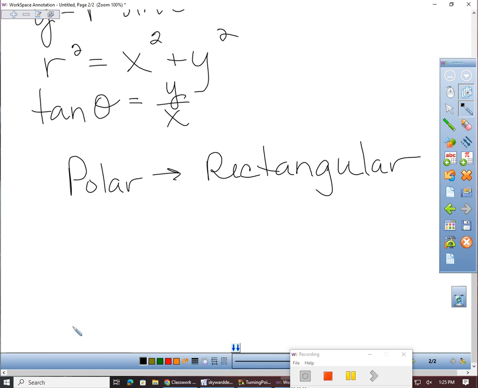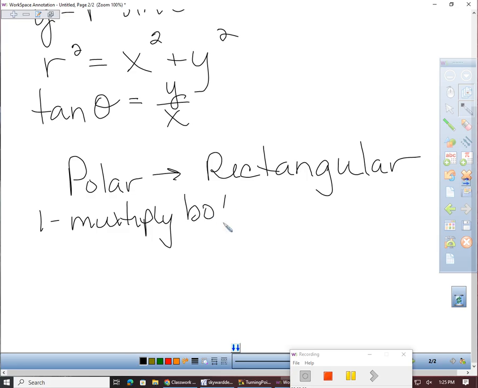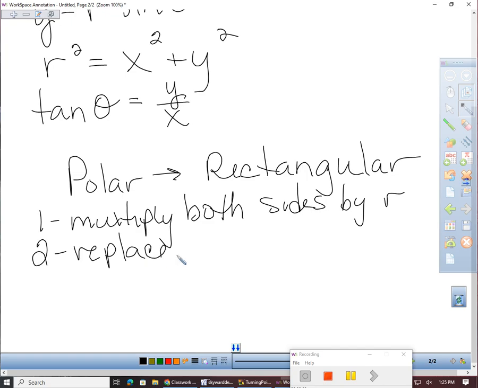So in the equation, if it is equal to r, the first thing you should do is multiply both sides by r. Step 2, replace all r values.